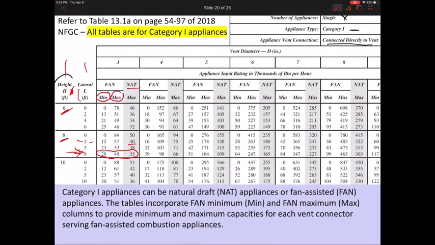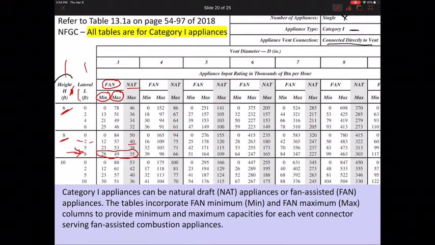Now let's talk a little bit about this fan min and fan max. The fan min and fan max pertains to a fan assisted appliance. That is category 1. The minimum is the least amount of BTUs I can put in a fan assisted appliance in a vent system.